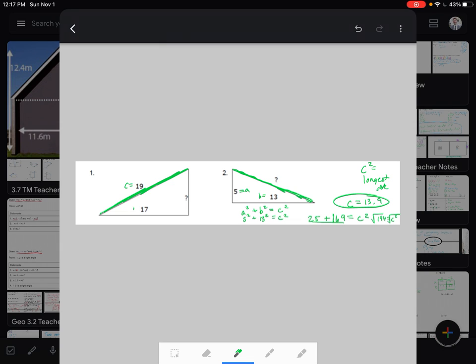Second question that we can set up here together. So again, we know that c is 19. A or b, doesn't matter which one, is 17, but we don't know that final missing side length. So again, we'll have 17 squared plus b squared equals 19 squared. And let's see what this is when we calculate it out. So 17 squared gets us 289. Again, still don't know b squared. And then 19 squared will get us to 361. Still doing algebra steps, just we have some exponents now, but that's okay.